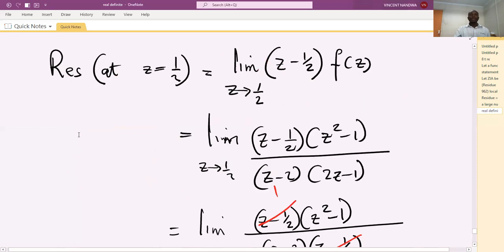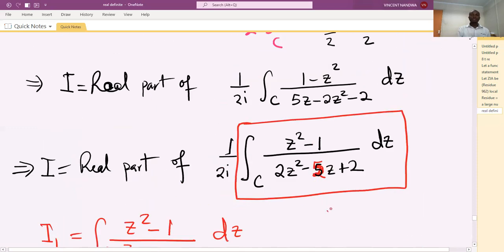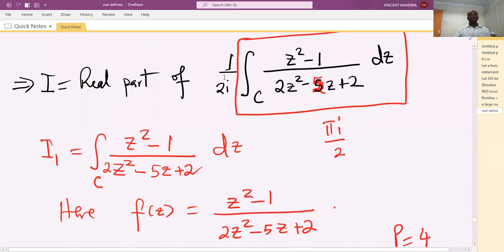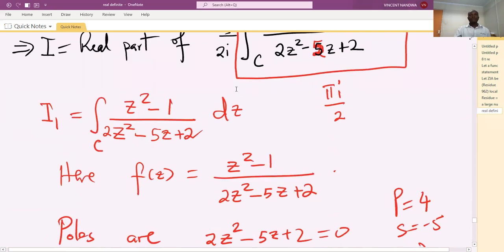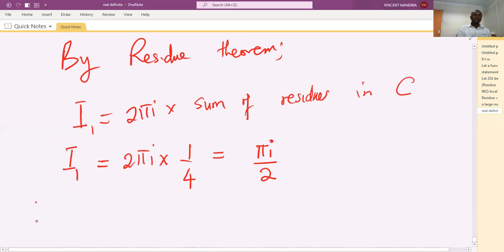So remember why I1 is this part, which is giving us pi i over 2. Which means then the correct value will be 1 over 2i. So therefore I is 1 over 2i times the value in I1, which is 1 over 2i times pi i over 2.